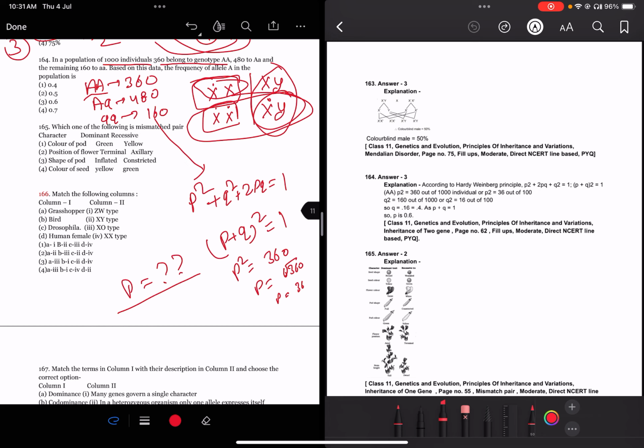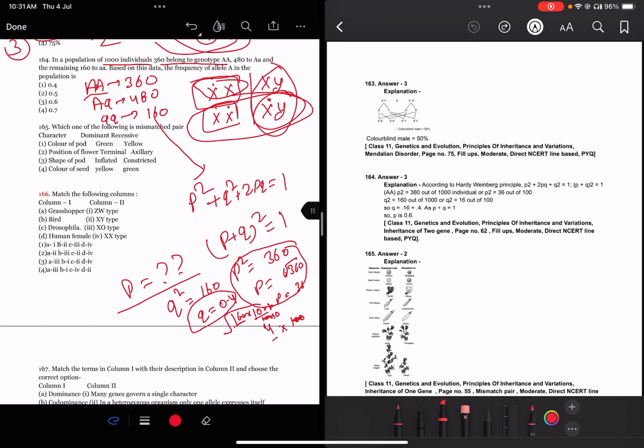There are two ways to solve this question. If p squared feels difficult, you can solve it from this approach. q squared is 160 out of 1000, that is 0.16, so q is 0.4.